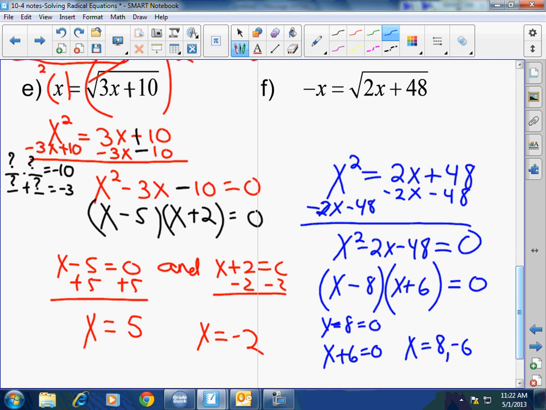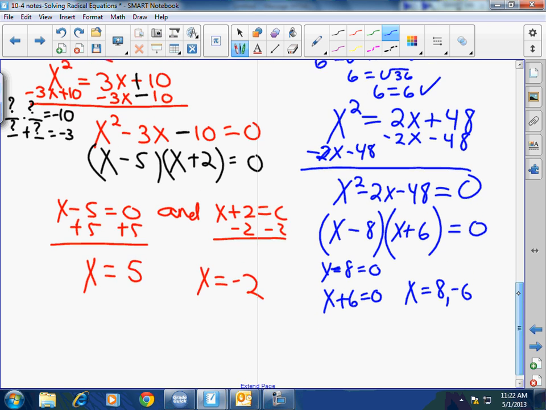And then you plug in for when x is negative 6. Negative times negative 6 is 6 equals negative 6 times 2 is negative 12 plus 48. 6 equals square root of 36. 6 does equal 6. Bingo. So that is my answer.